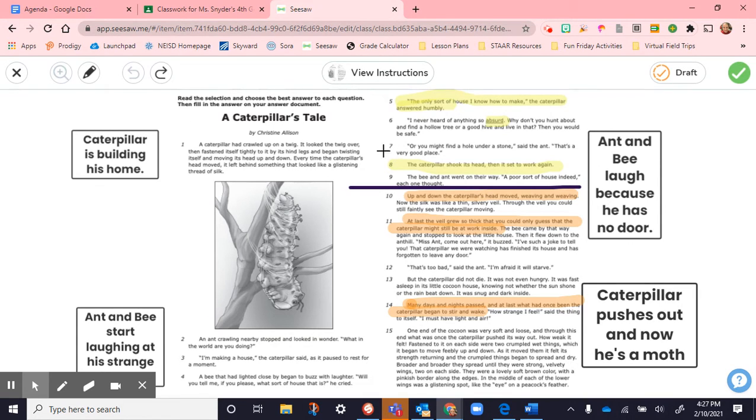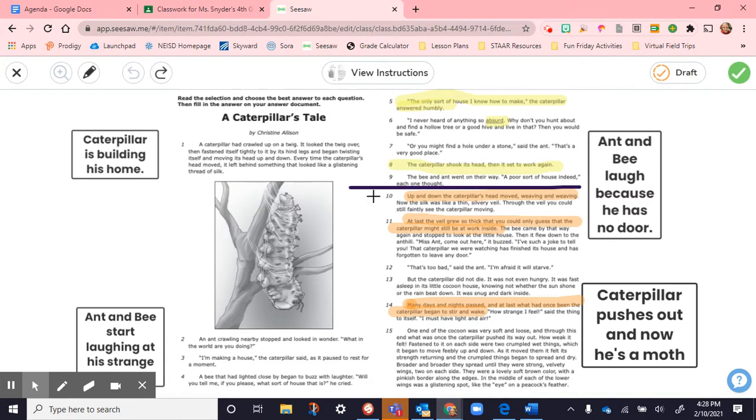Then it says the caterpillar shook his head and then set to work again. So he's just kind of like, you know what? I'm not really bothered by them and what they're saying. He answers them in a nice way, gives a little head nod, and then continues doing what he's doing.